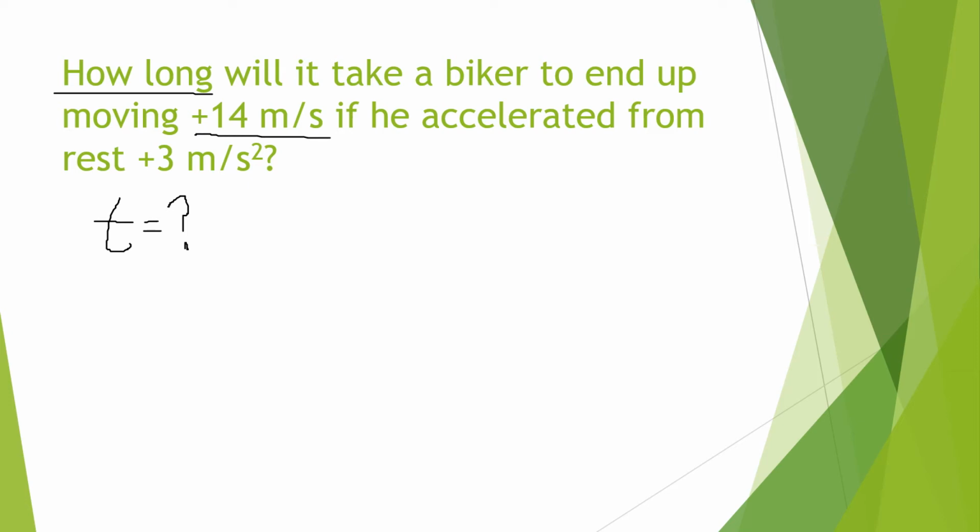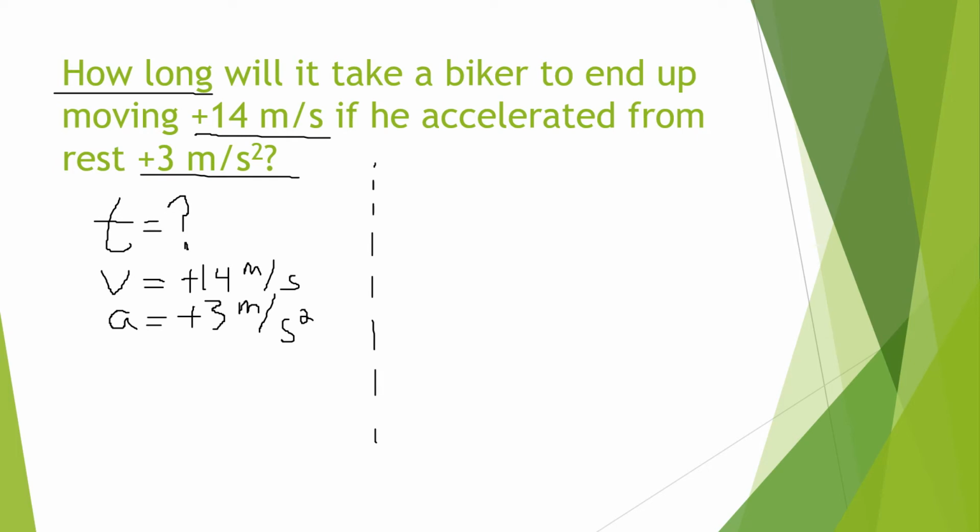Well, when I see 14 meters per second, that's a velocity for sure. And I know I can use velocities because I also see an acceleration that goes with it. So I want you to think holistically as you read a problem. I want you to think about what things are in relation to the other things in the problem. So I have a velocity of positive 14 meters per second, an acceleration of 3 meters per second per second.